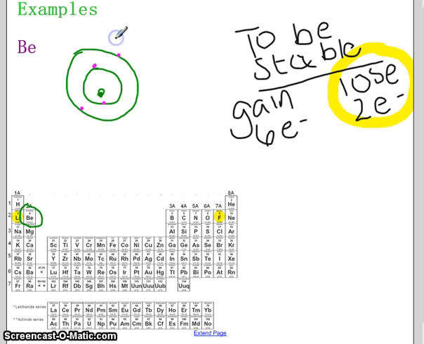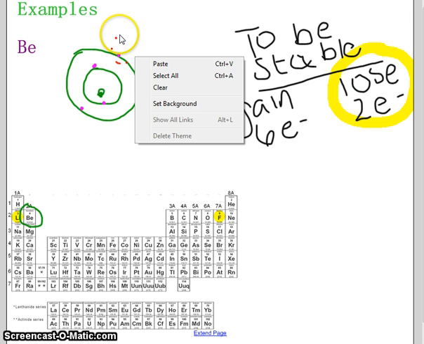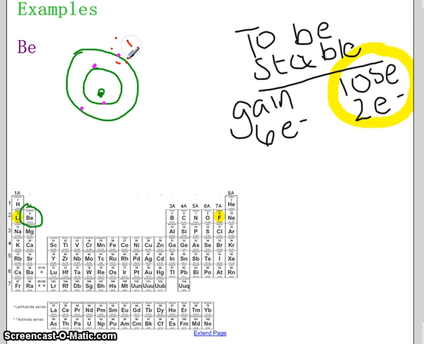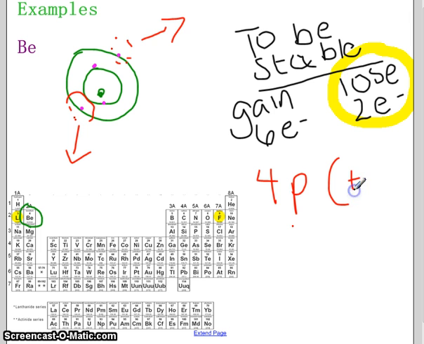And again, we put a dotted line around the electrons we're losing and put an arrow away. This time we're losing 2, so I need to do it with both the electrons. Beryllium, as atomic number 4, has 4 protons. So 4 positives.